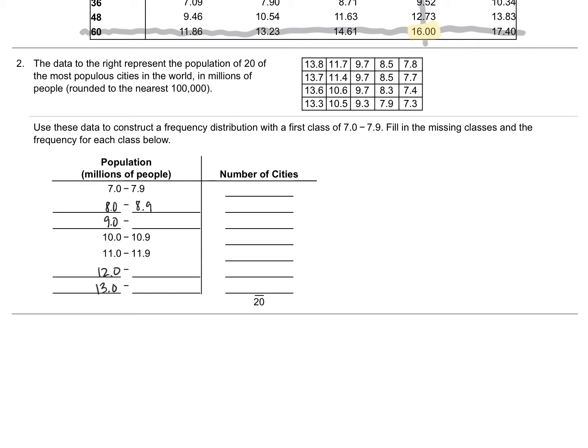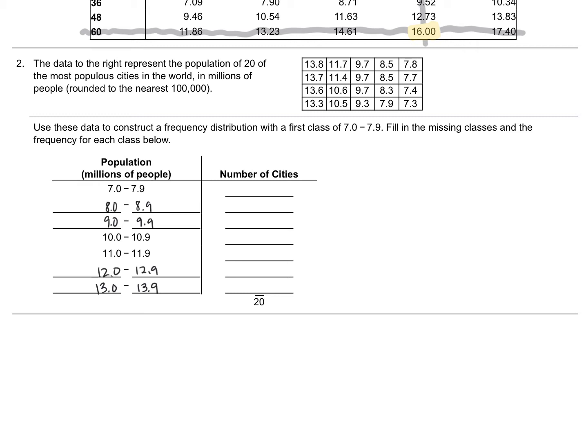So this will be 8.9, 9.9, 10.9, 11.9, 12.9, and 13.9. All right, so there are the classes, and now the number of cities. You're simply going to count how many numbers are there.